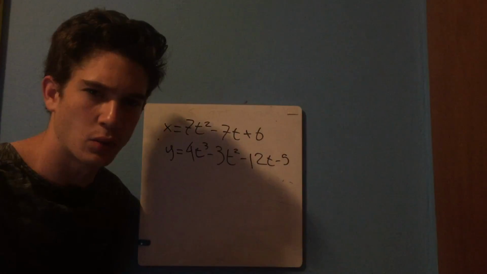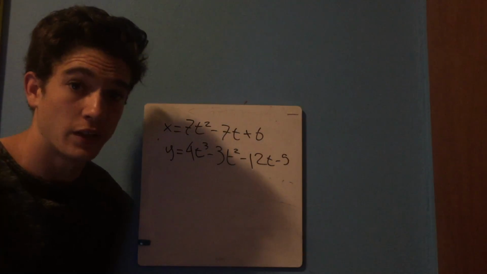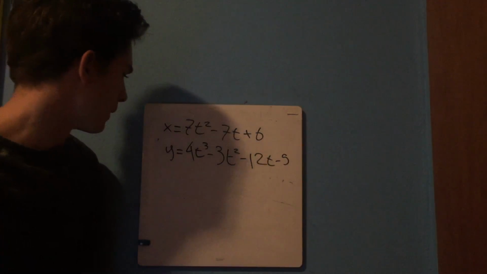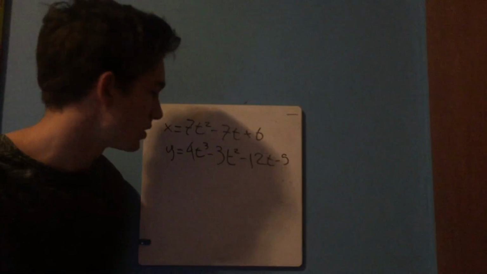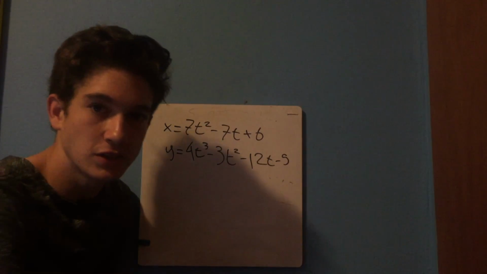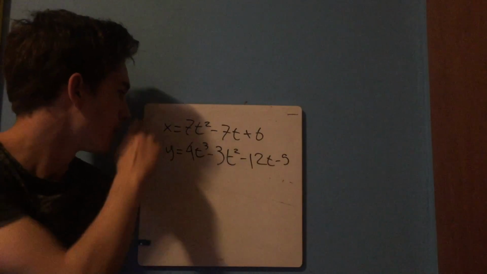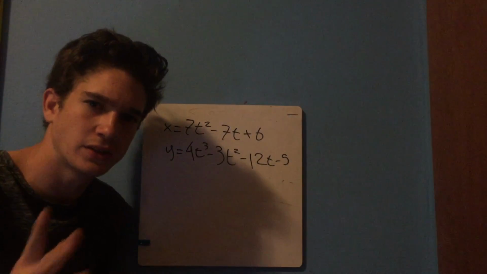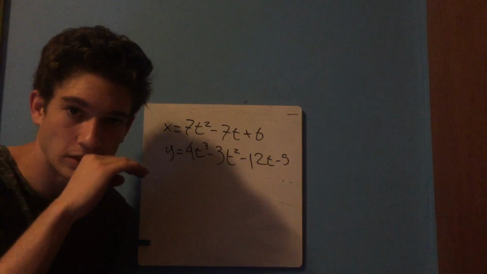So what the question asks us, which I'm not going to write down just for the purpose of convenience, is when the velocity in x equals 0, how much is the acceleration in y? So we know a bunch of things for this. The first derivative of the position, by the way, these equations are position vectors, equals speed, and the second derivative of the position equals acceleration.